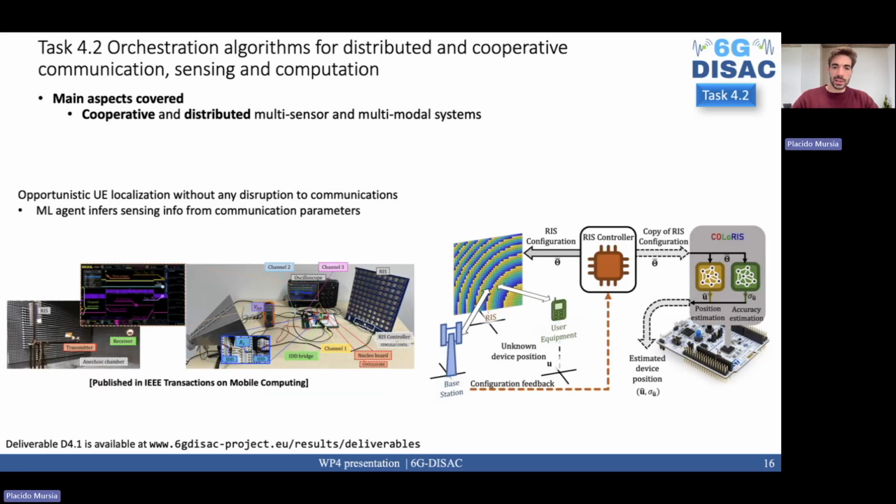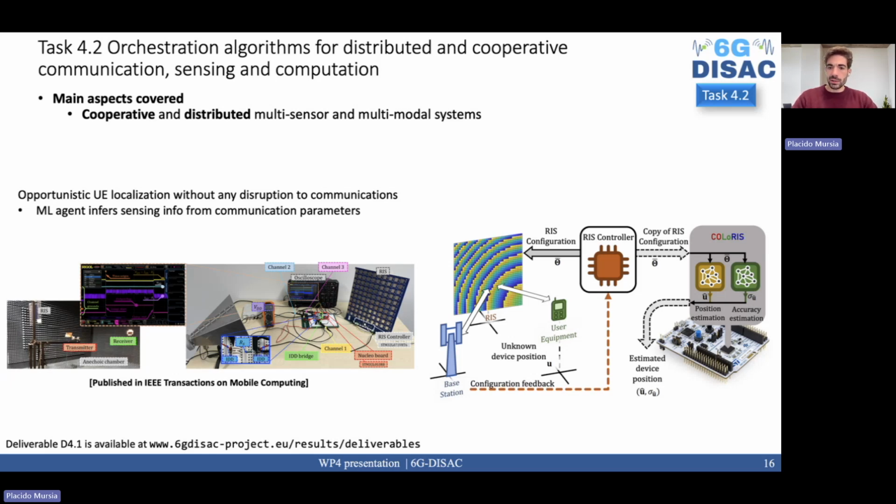Another important example includes opportunistic UE localization without any disruption to the communication. So on the right-hand side, we show a system where basically we have a communication system on the left-hand side, which is optimized on its own, which includes a base station, an RIS, and a user equipment.